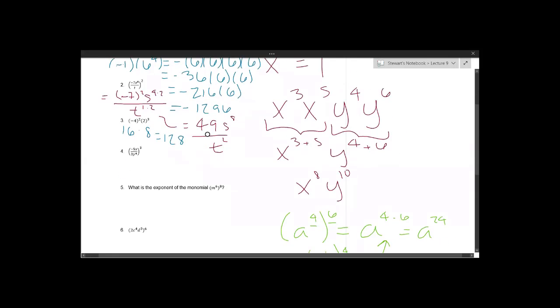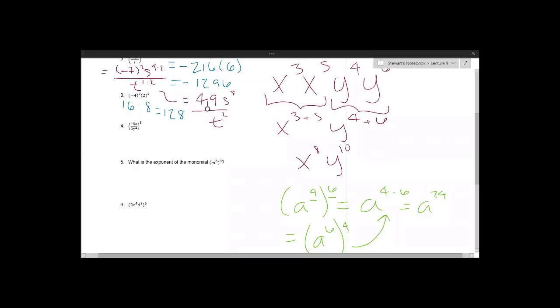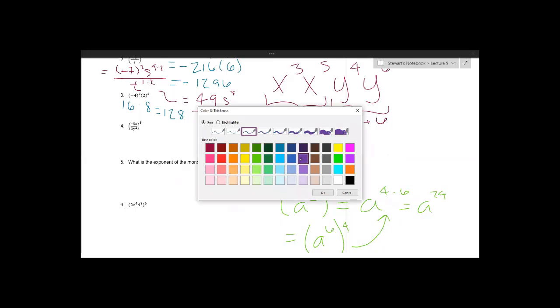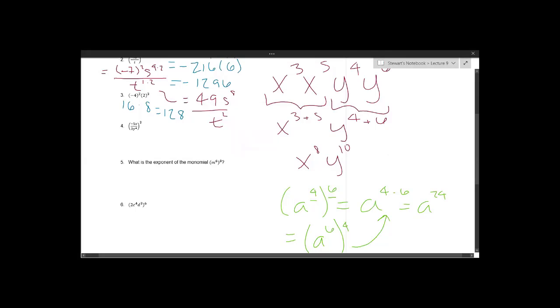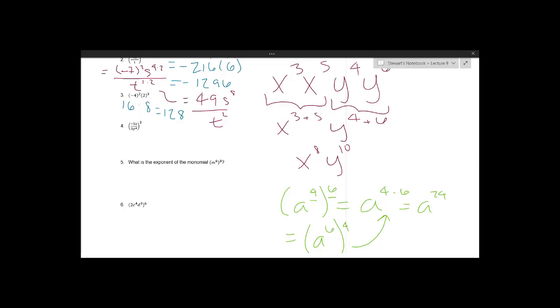All right, number 4, it's the same convention as we applied before with number 2. We have a fraction, that cubed has to apply to the whole negative, or to that negative as well.